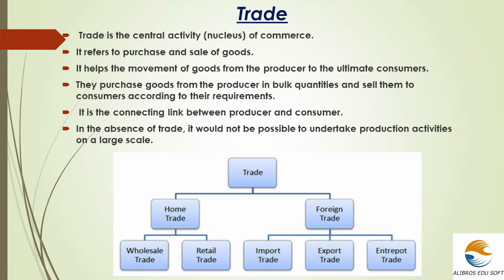The producer or the manufacturer may be producing the goods in bulk quantities, and they are selling those goods to the consumers according to their requirements. It is not in a manner of bulk production and bulk purchasing. It is according to the requirements which are set by the consumers.